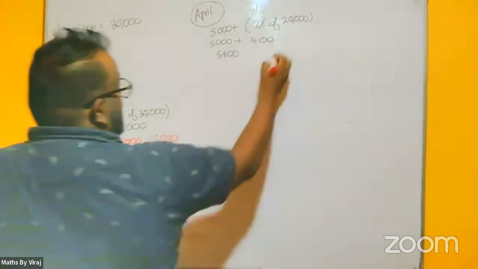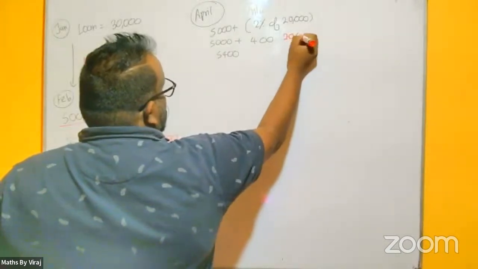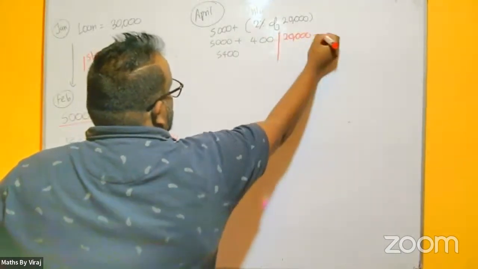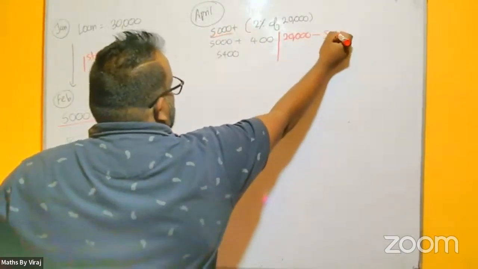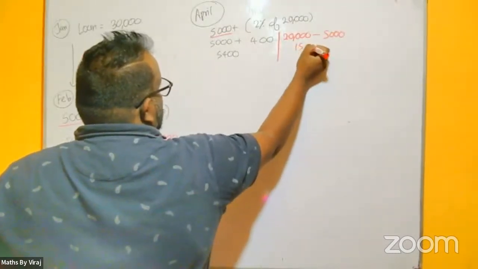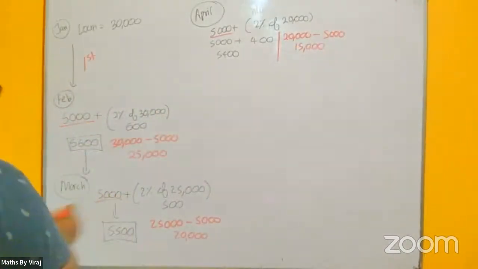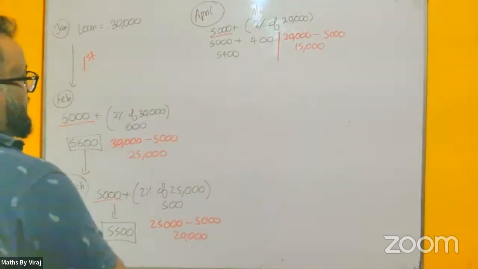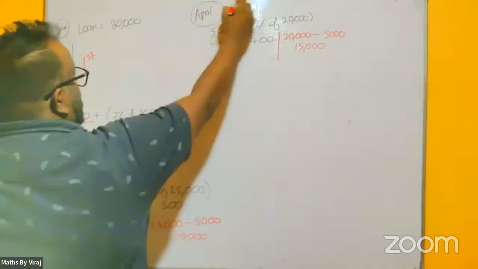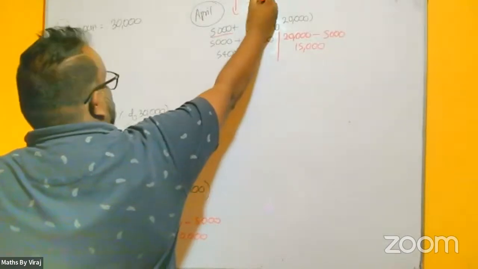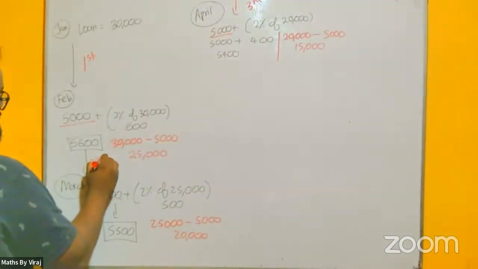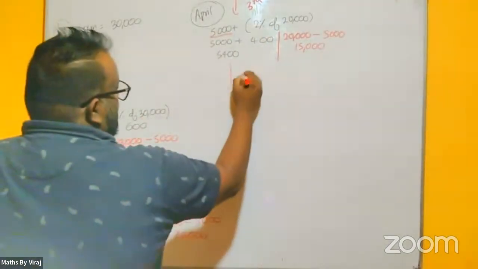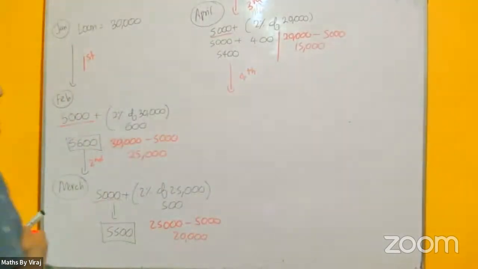What is the remaining amount? 20,000 minus 5,000. The remaining amount that we've gotten is 15,000. So this is my third rental. This is my second rental. We'll go for the fourth rental.